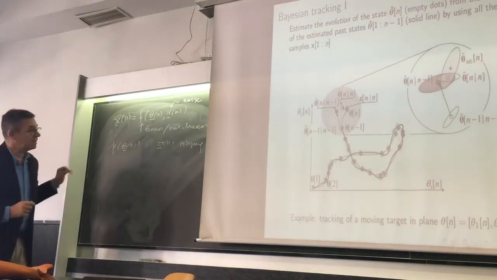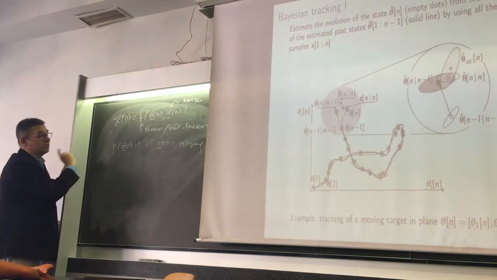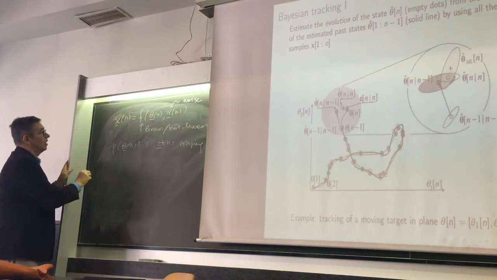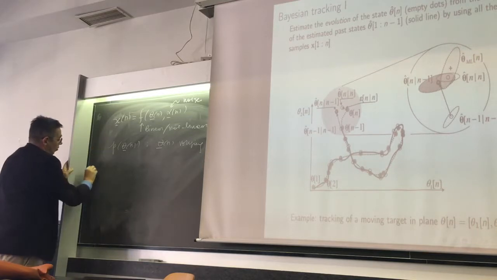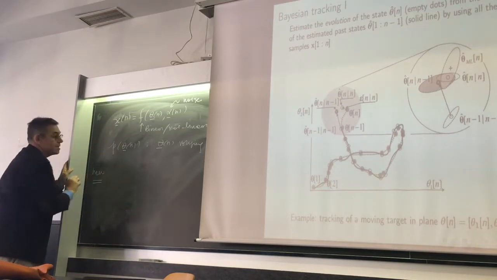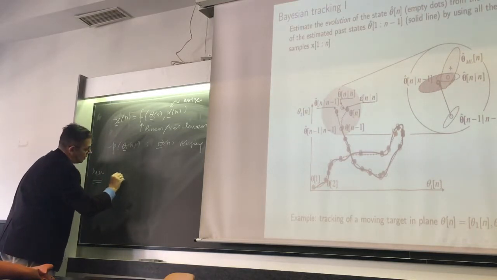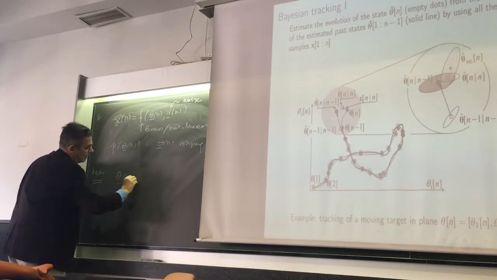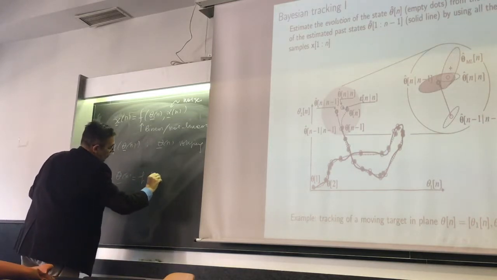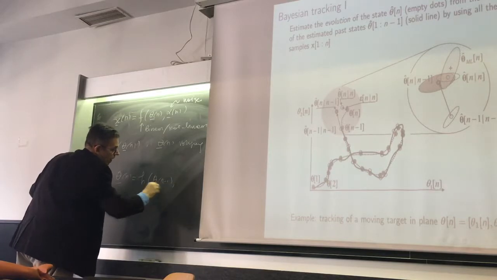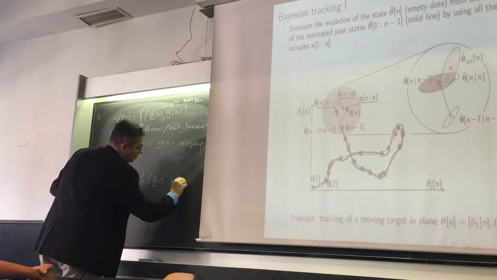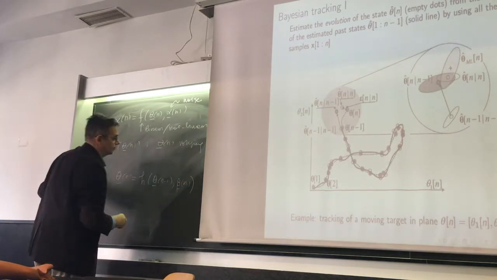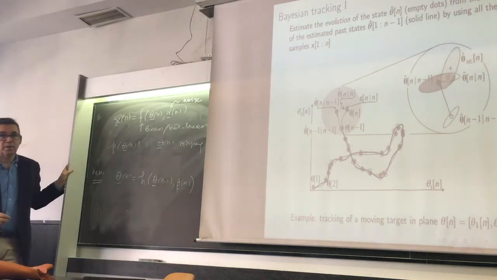Now, what if, in addition to that, I give you another equation? So this is the convention, let me say, up to now. The new part is that now I know how theta is evolving from theta n minus 1, with some stochastic term, which we call beta.